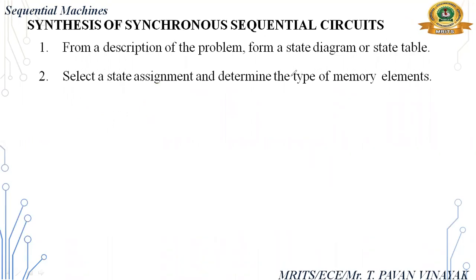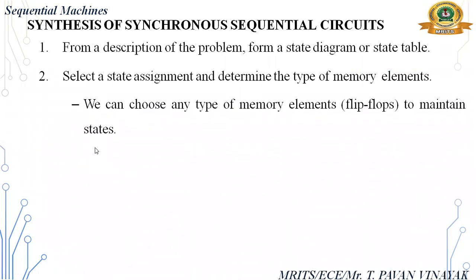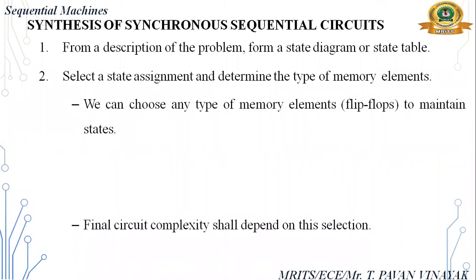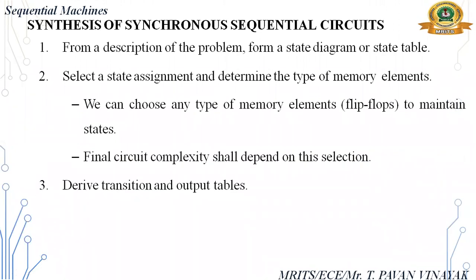And determine the type of memory element, from which flip-flop you want to design using: D, JK or T. SR is not used. Only these three flip-flops we use. Next, derive the transition table and output table.